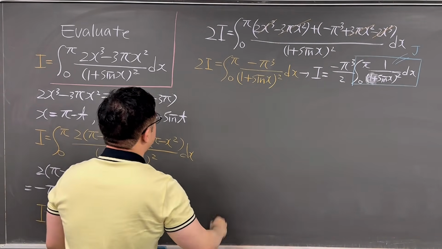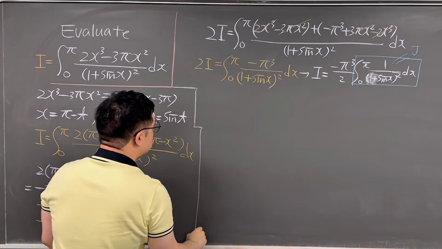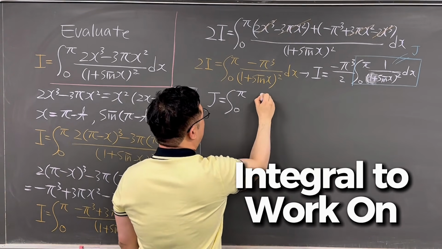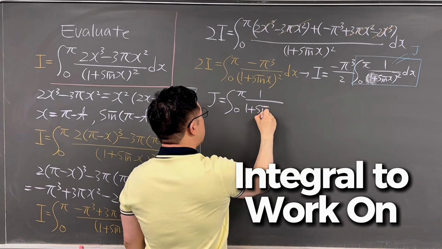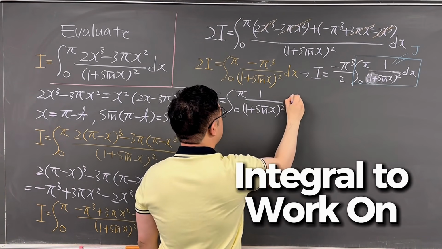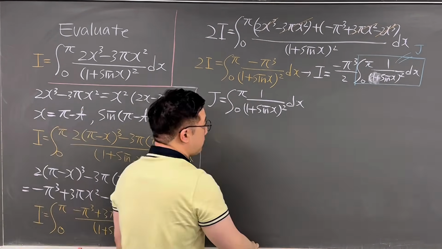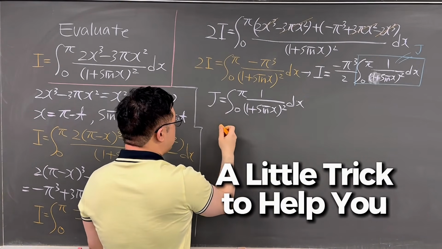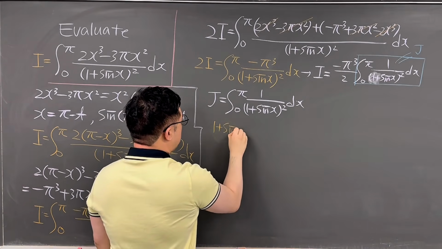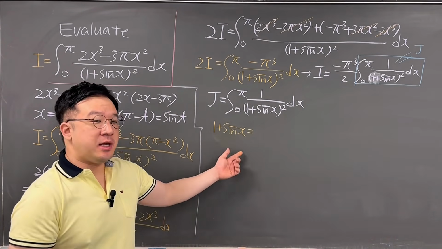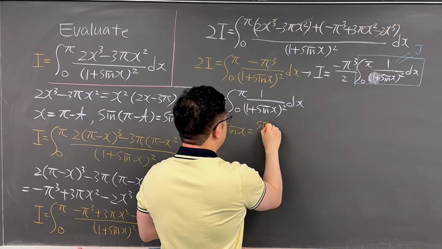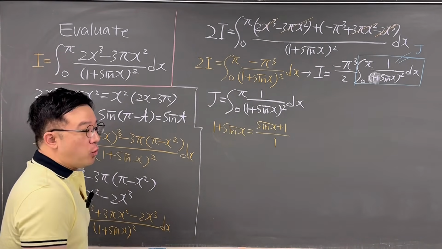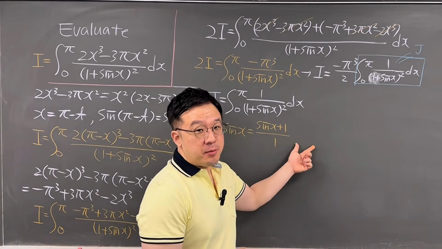So once again, integral J is the same as the integral from 0 to pi of 1 over (1 plus sine of x) squared, dx. And let's use a little trick with the 1 plus sine of x in the denominator. We can represent this as (1 plus sine of x) over 1, and then let me multiply by 1 minus sine of x in both the numerator and denominator, right?